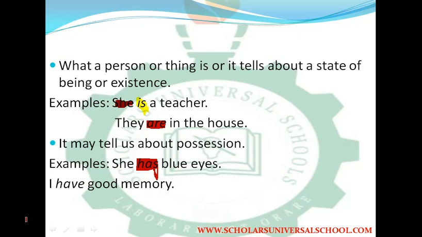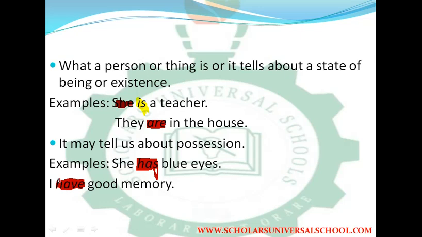Now, the next example, I have good memory. Our verb here is a primary auxiliary verb, which is what? A present plural verb. I have good memory, not I has.